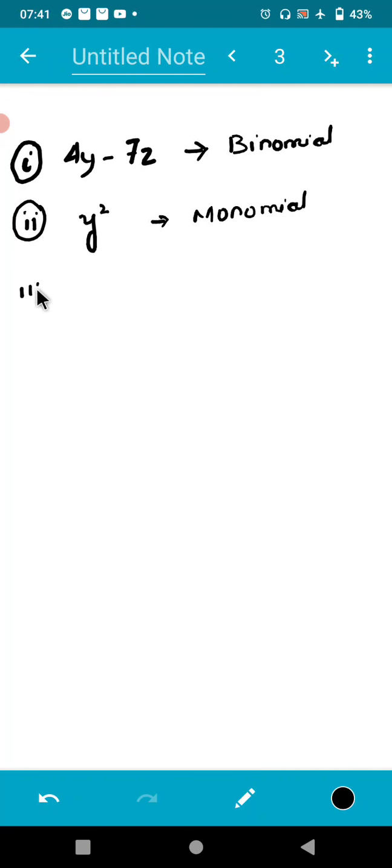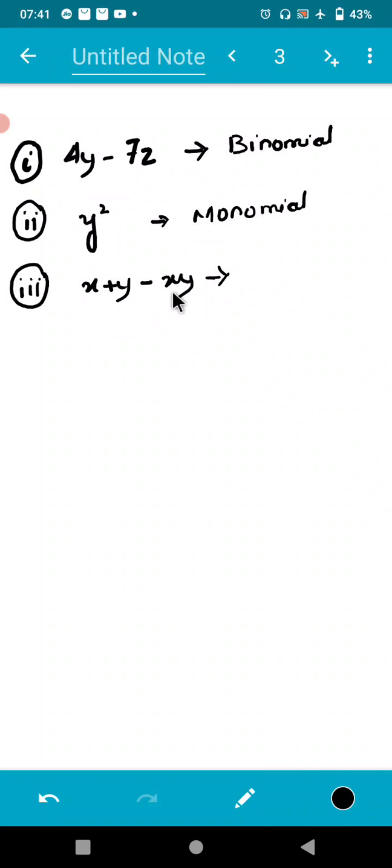Now sum number 3, what do we have? x plus y minus xy. Now carefully observe, how many terms are there? 1, 2, 3. But can we simplify any of them? Are there any like terms? No. The first term has x as an algebraic factor, the second term has y, and the third term has xy.